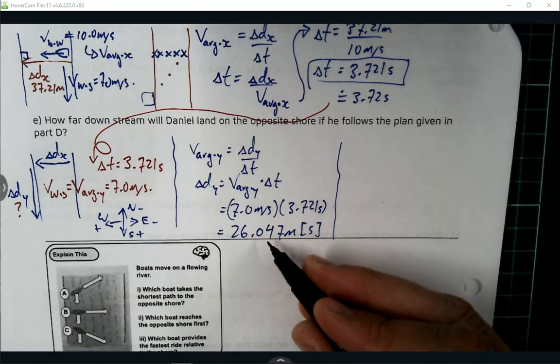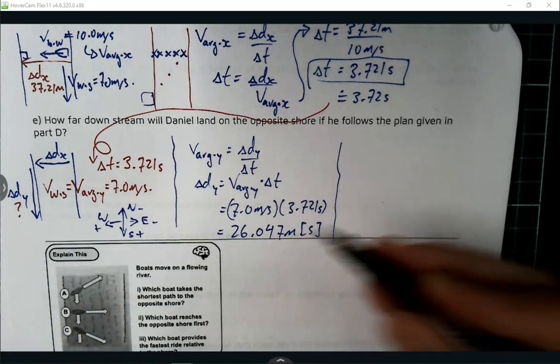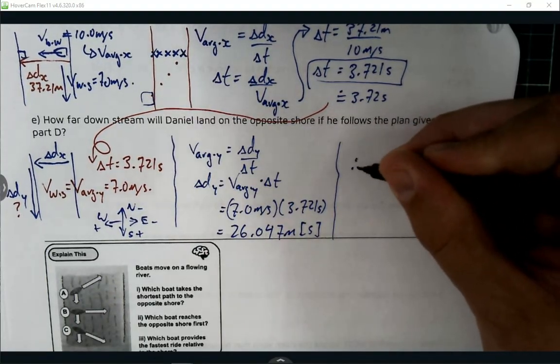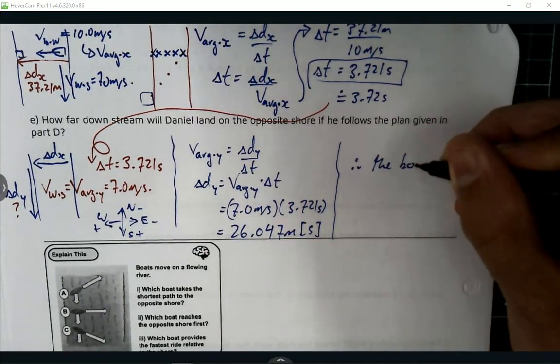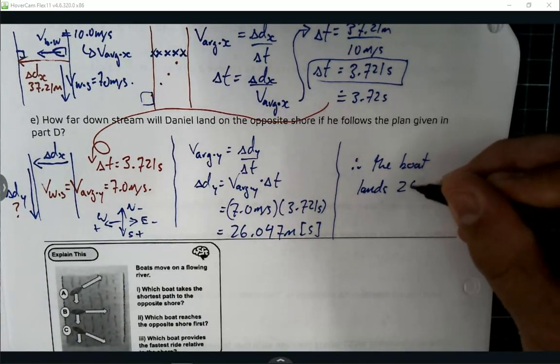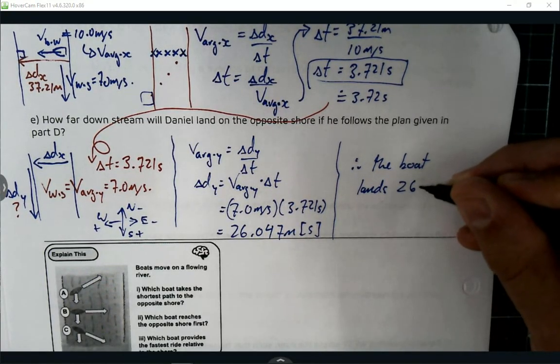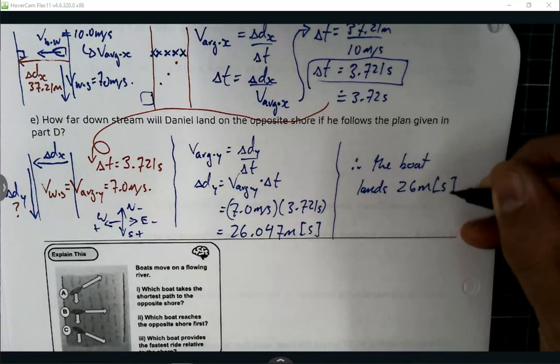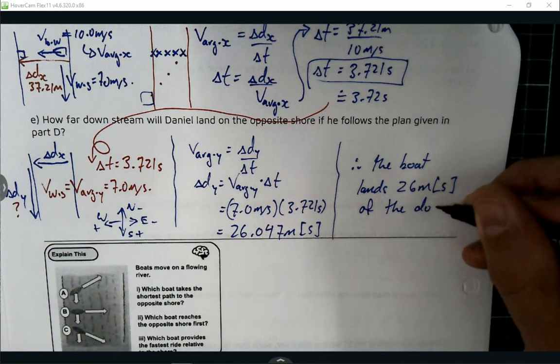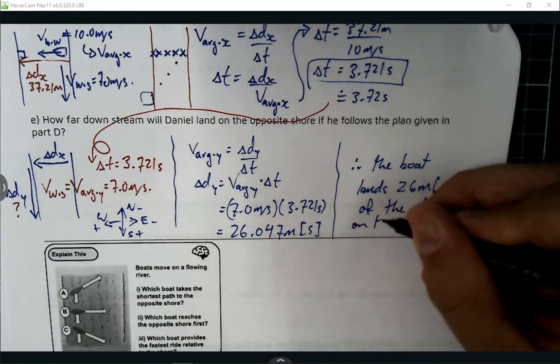Is it two significant figures or three? Oh, I suppose it's three, isn't it? No, it's two because of the 7.0. So therefore, the boat lands 26 meters south of the dock, on the west side of the river.